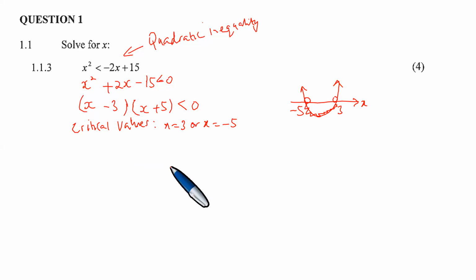We are describing the part of the graph that is less than 0. The negative part below the x-axis is actually minus 5 less than x less than 3. And this becomes the solution. So between minus 5 and 3, the graph is below the x-axis, and therefore it is negative. Okay, next question.